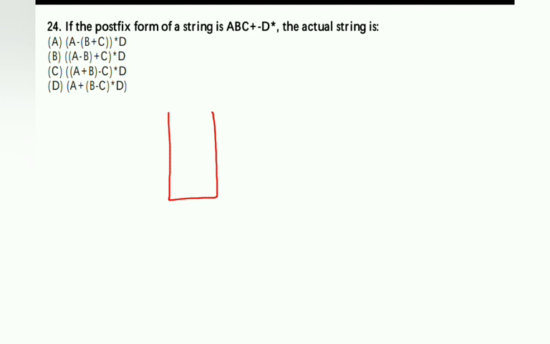We are inserting the operators into the stack and writing the operands aside. So first we have the open parenthesis, A, minus, and open parenthesis, B, plus, and then C.